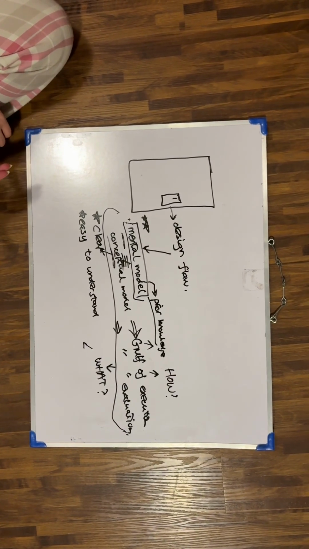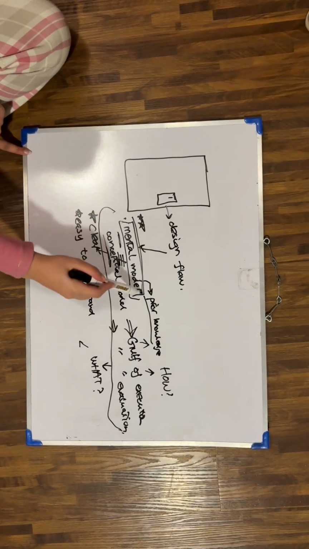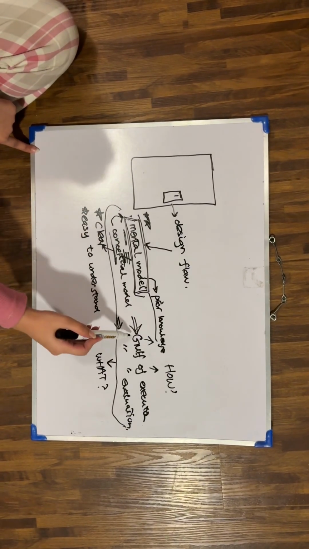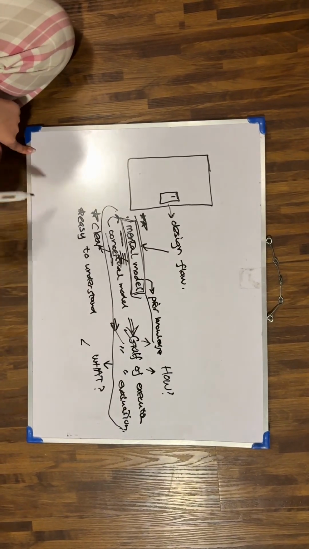You can do it through interviews, you can do it through field studies, but understanding the mental model is the key to aligning your conceptual model with it and eliminating these gulfs of execution and gulf of evaluation.